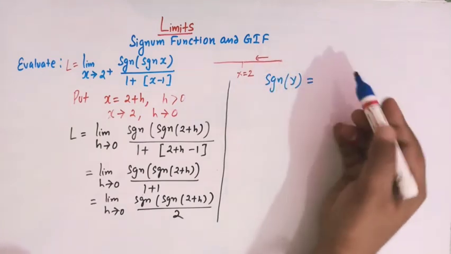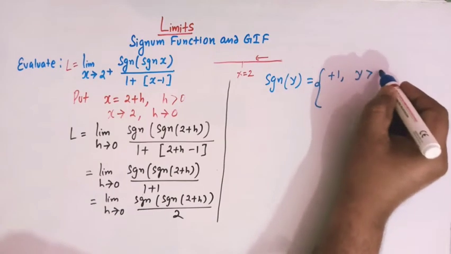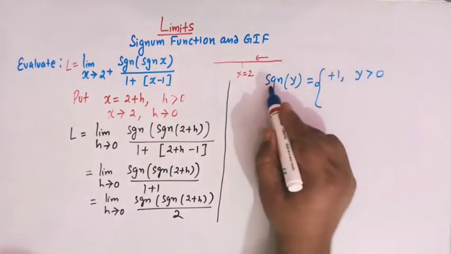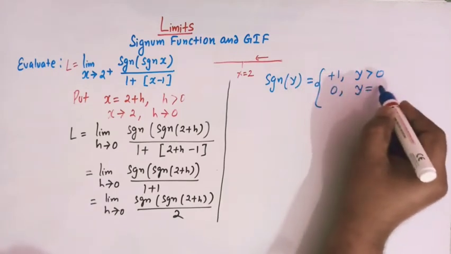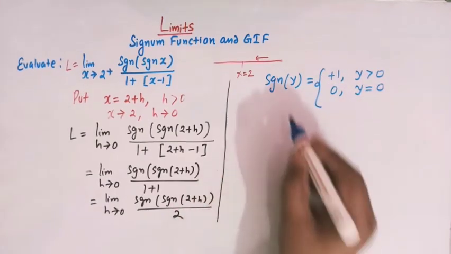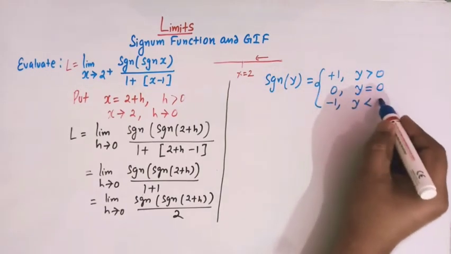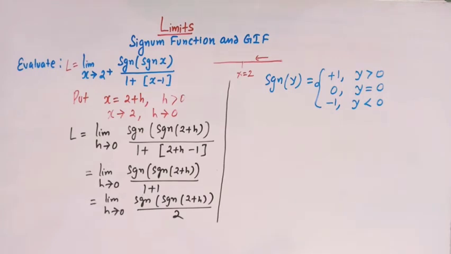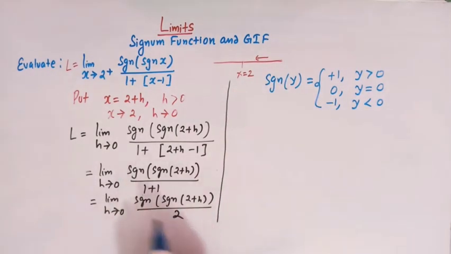Signum of y is equal to plus 1 whenever y is greater than 0, signum of y is equal to 0 whenever y is equal to 0, and signum of y is equal to minus 1 whenever y is less than 0.